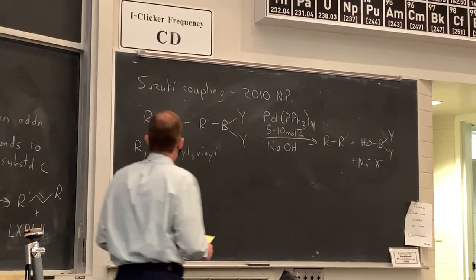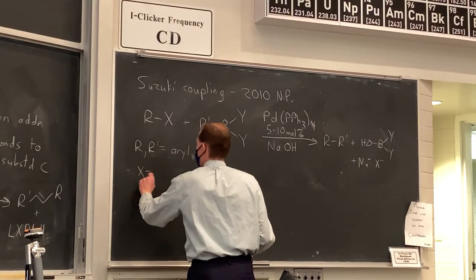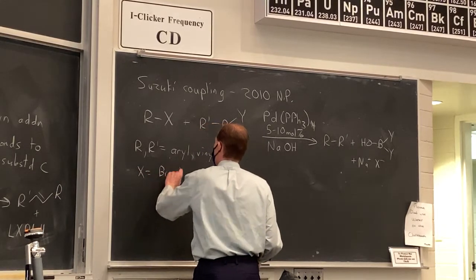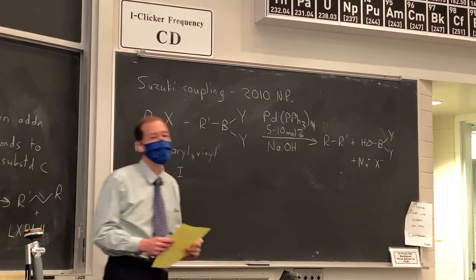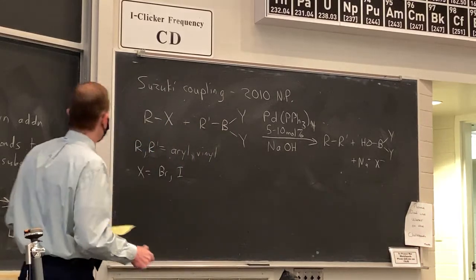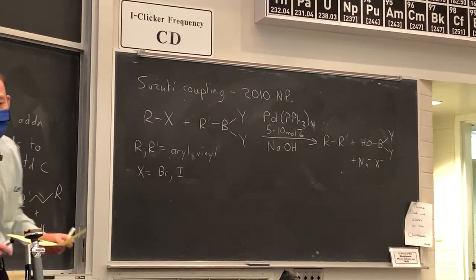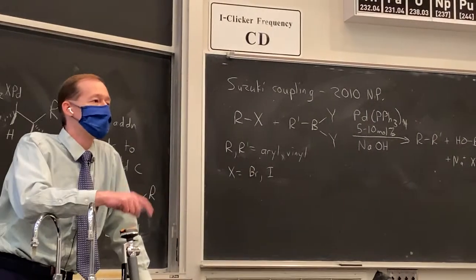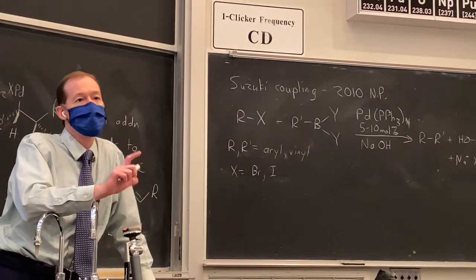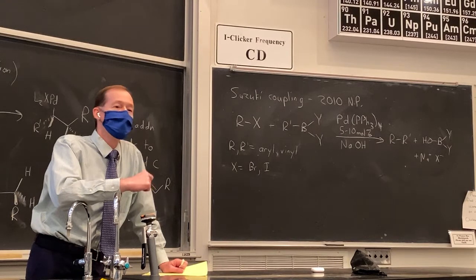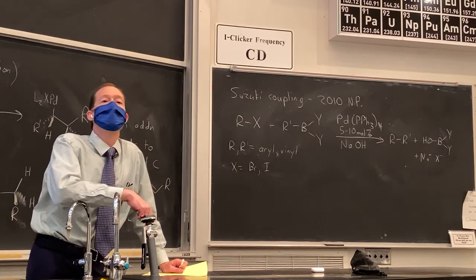And then X is going to be bromine or iodine. Vinyl or aryl bromides or iodides. Vinyl or aryl chlorides are more stable. That carbon-chlorine bond is stronger, so the oxidative addition is not as favorable.